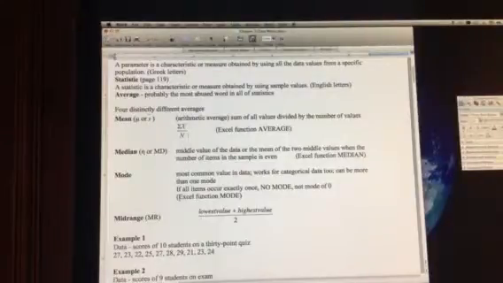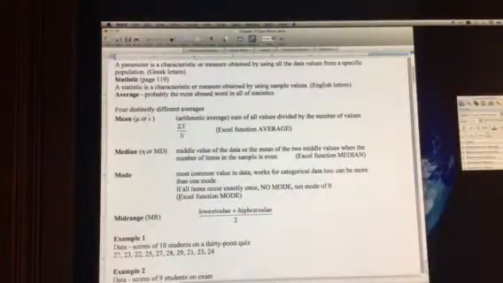We can't calculate a mean, we can't calculate a median on that data set, but we can figure out a mode. Okay, the other thing is, there is not always exactly one mode. If there's a tie for your most common frequency, you can have all of those values be the mode.